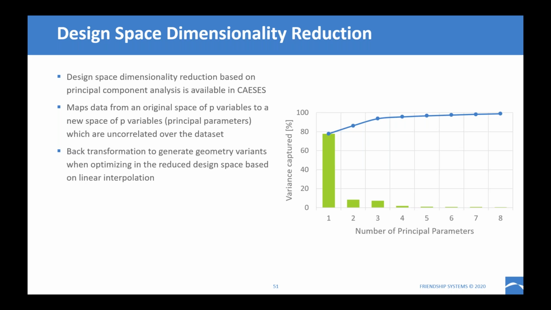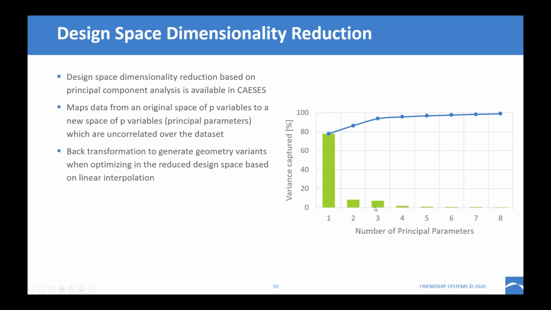And what we just need is the back transformation, so that we create a certain set of values for the principal parameters, of the number of principal parameters we select. So for example, here we want to use 4 of them, which gives us probably a bit above 95% of variance of the original model.